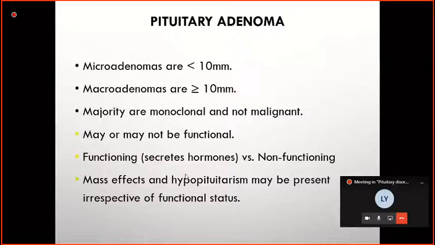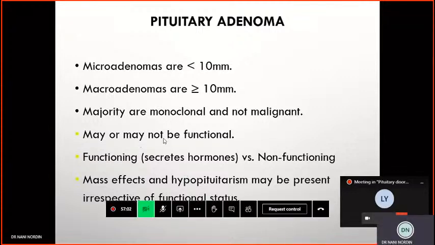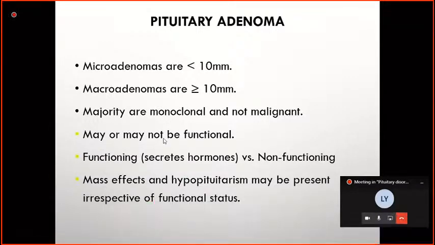It may and may not be functional. I keep on mentioning whether it's a functional or a non-functional adenoma. When we talk about pituitary adenoma, it's not always a functional adenoma. Understand? It's not always an adenoma that increases the production of the particular hormone.